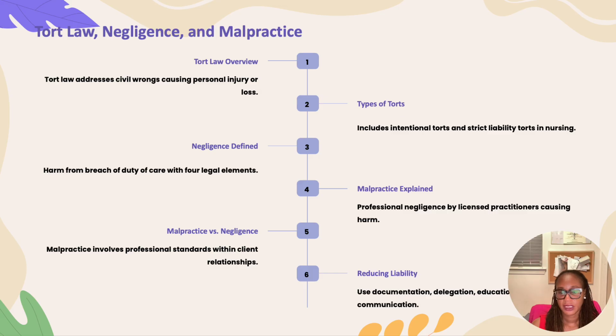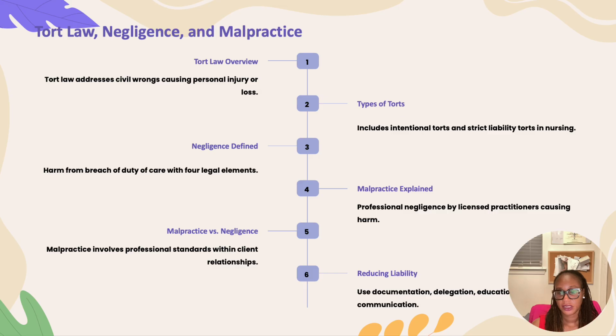Quasi-intentional, acts that cause harm without intent but involve violation of rights, for example breach of confidentiality and defamation. And unintentional tort, accidents or failure to act with proper care, for example negligence and malpractice.